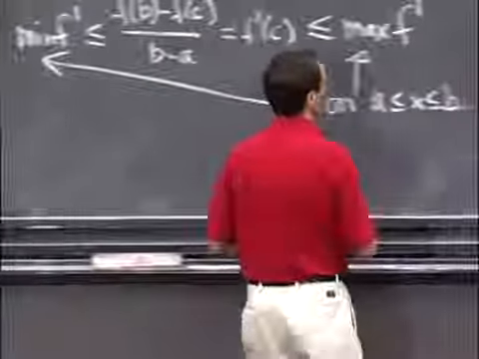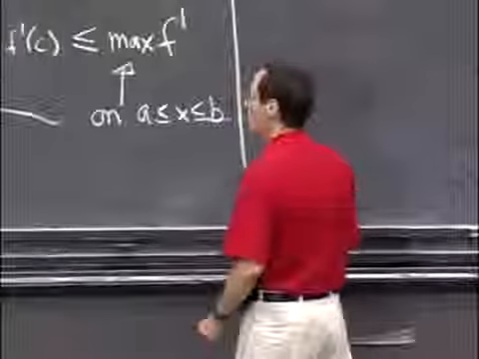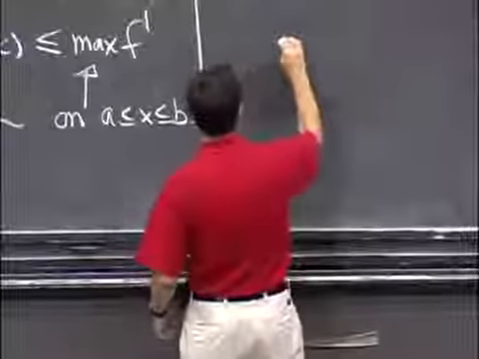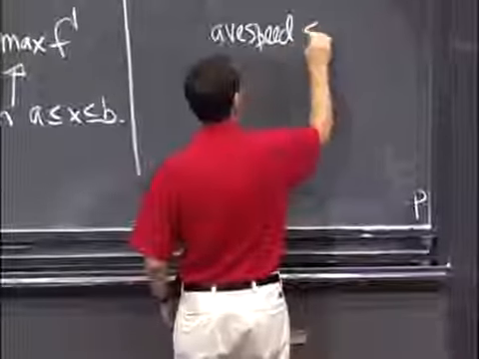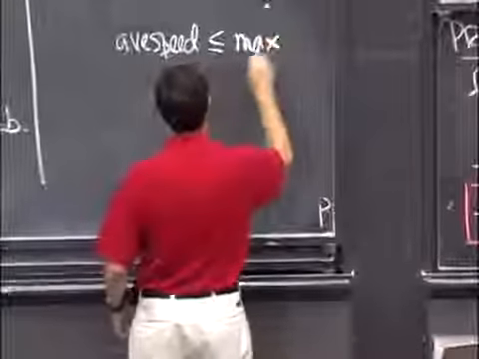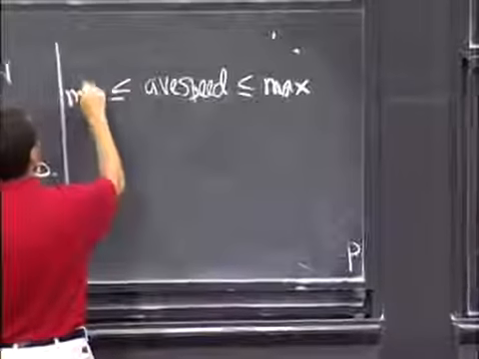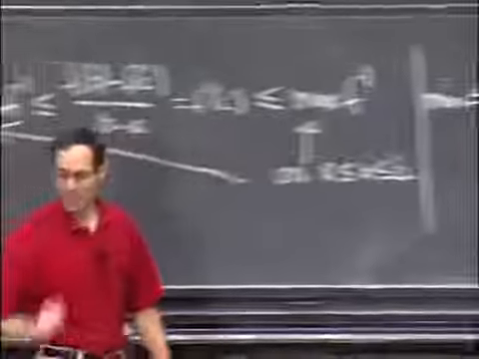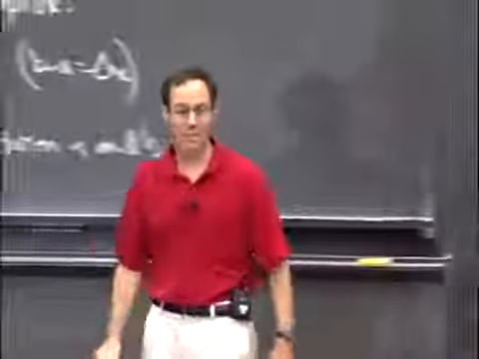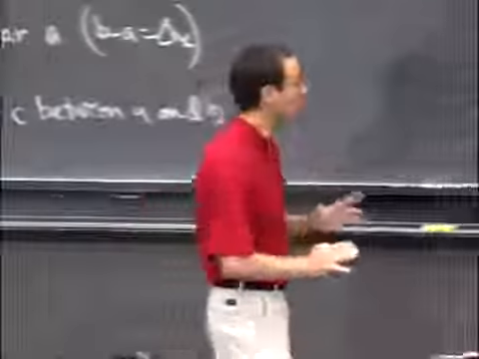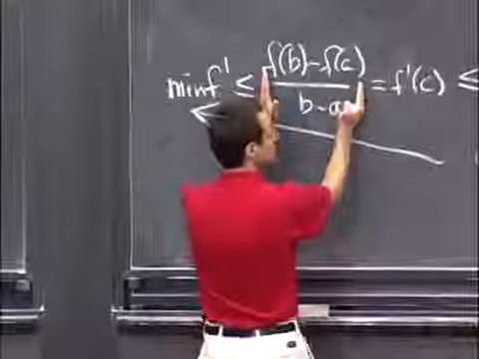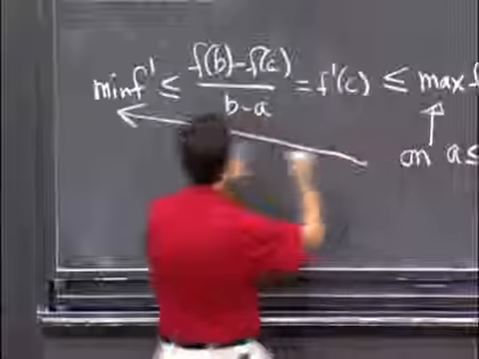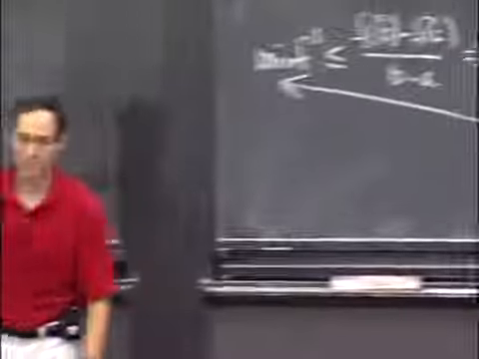This is all you can say based on the mean value theorem. All you know is this. And colloquially, what that means is that the average speed is between the maximum and the minimum. Not very surprising. All right? The mean value theorem is supposed to be very intuitively obvious. It's saying the average speed is trapped between the maximum speed and the minimum speed.